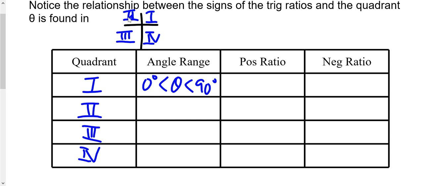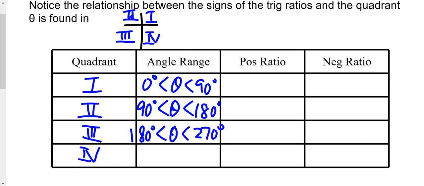Quadrant 2 is less than 180 degrees, but greater than 90 degrees. Quadrant 3 is less than 270 degrees, but greater than 180 degrees. Last but not the least, quadrant 4 is less than 360 degrees and greater than 270 degrees. Have a look.